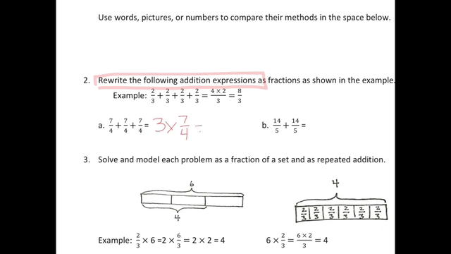Which then we're going to decide, or just think about, if we're doing 7/4 plus 7/4 plus 7/4, what's being added 3 times? Is it going to be the 7 or the 4? And hopefully you know that's going to be the 7. So up on top, we're going to write 3 times 7 over 4, because our denominators do not add up to 12.